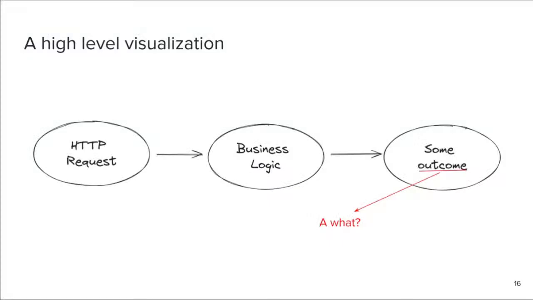Let's go. So if you think of a higher level visualization, that's basically how your application will work. You will have your application handling, I don't know, REST endpoints, and then a request comes in, and you do some logic with it, and then you have some outcome. And this outcome can be anything, like I mentioned. It can be database persistency.